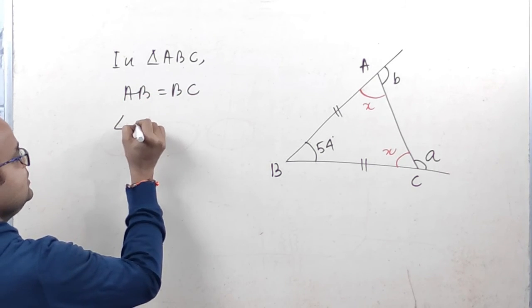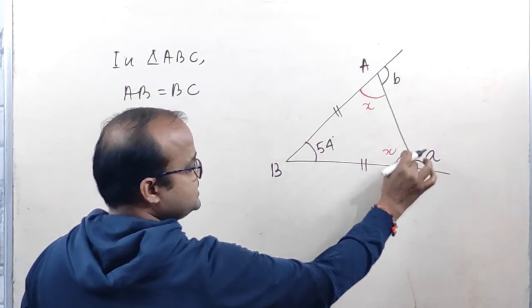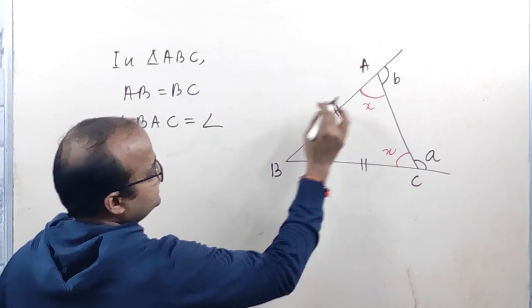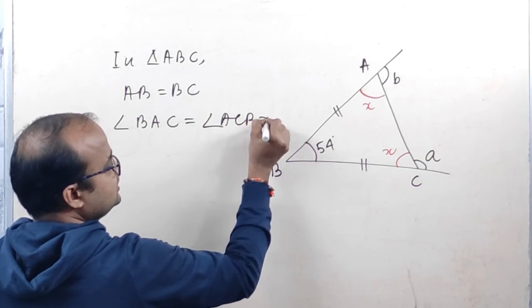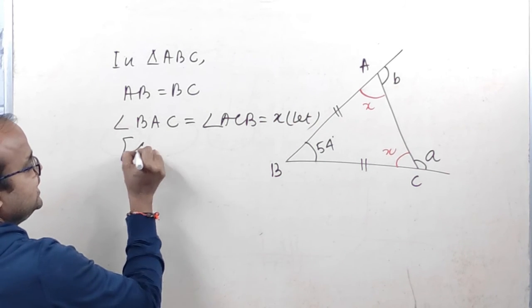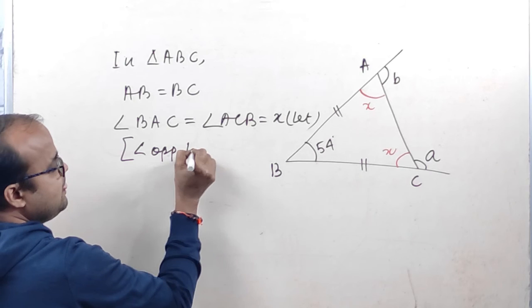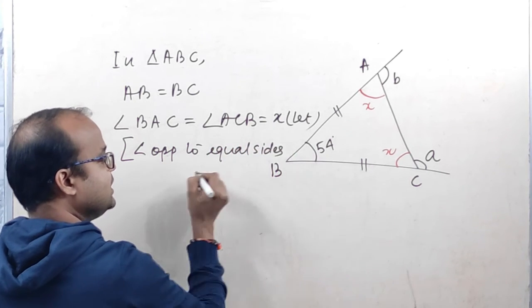Therefore angle BAC equals angle ACB equals X, and the reason is angles opposite to equal sides are equal.